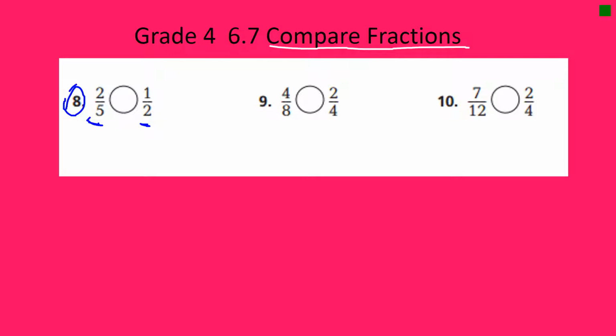Now, one way to compare fractions is to find a common denominator and make equivalent fractions with the same denominator. Because if you have the same denominator, the parts are the same size, so you can just look at the numerator and compare them like you would compare any numbers.